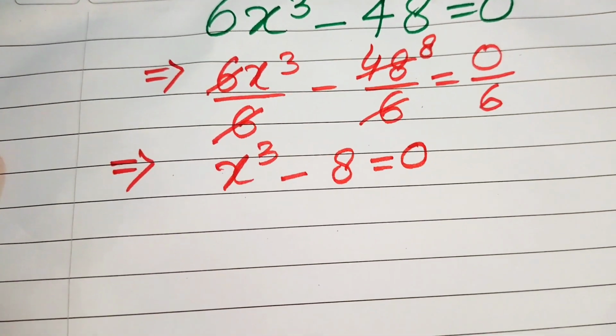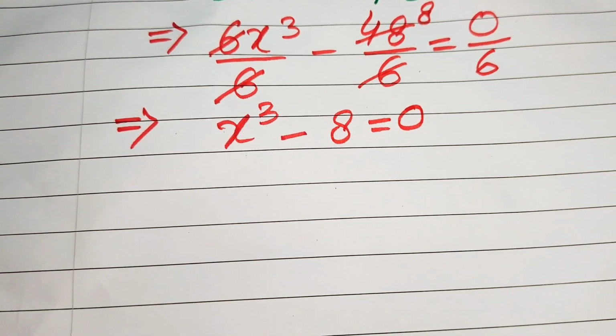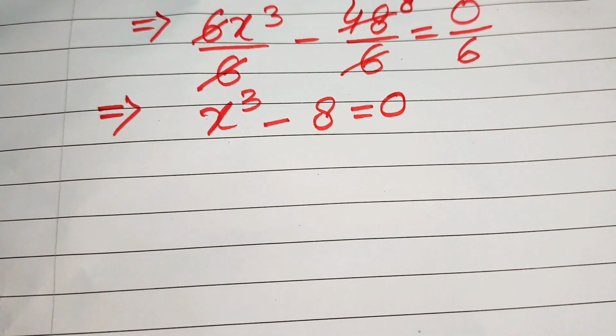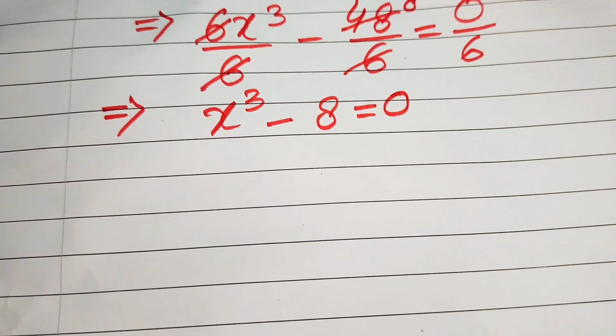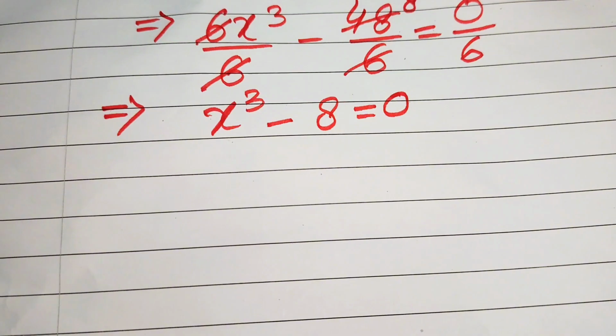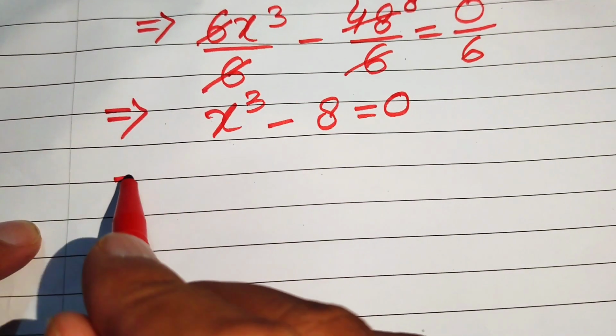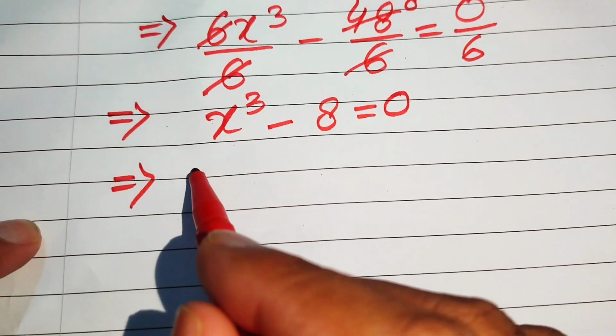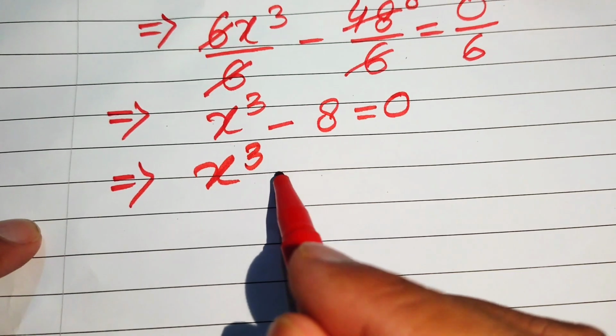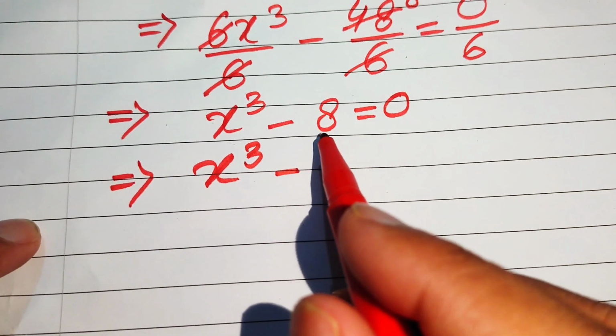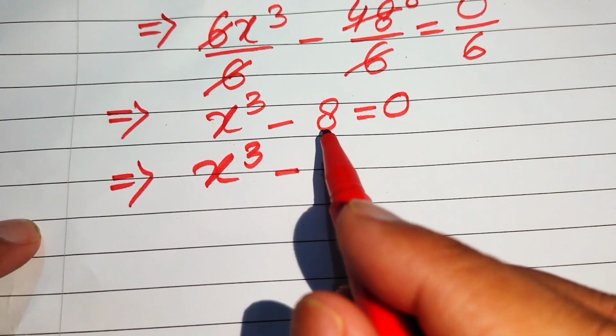So we get the cubic equation in the simplified form, and now we need to use the cubic formula in order to solve this equation. First we write this equation in cubic form: x³ − 8, and we take the prime factors of 8.